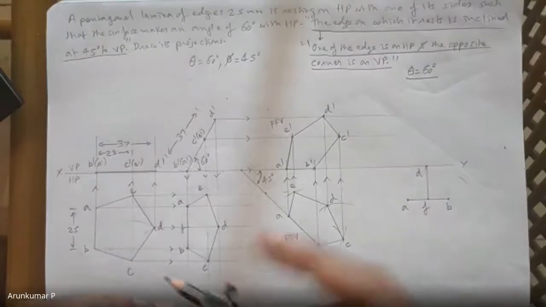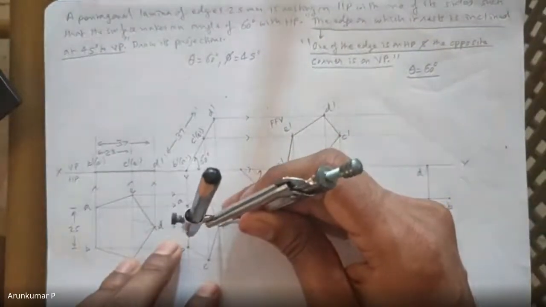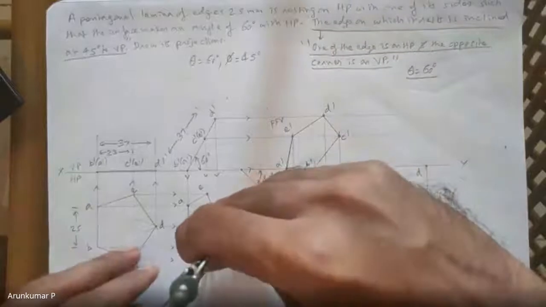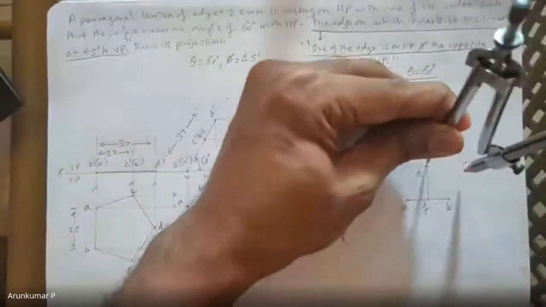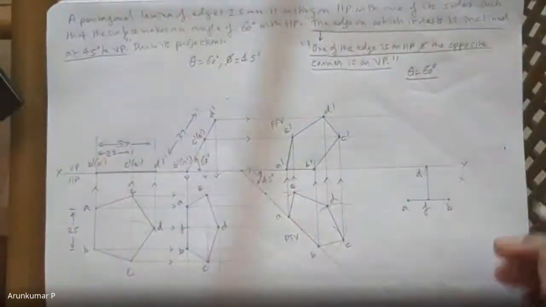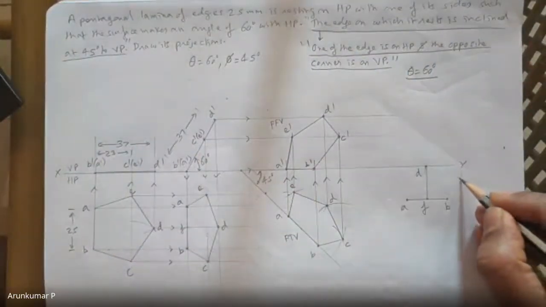Then what I'll do is from D to C, I'll measure and I'll cut this arc. So what I'll be getting is C.